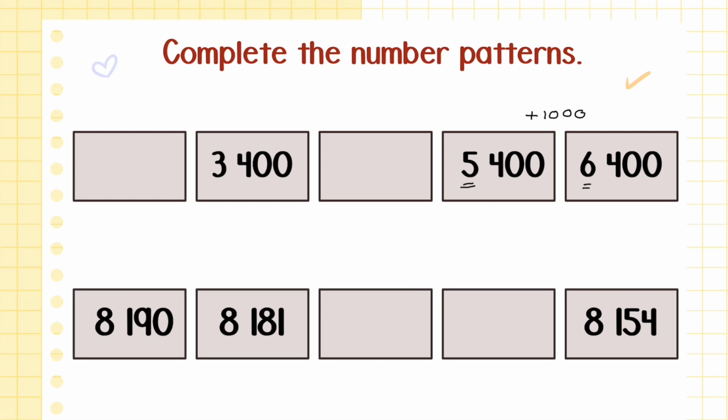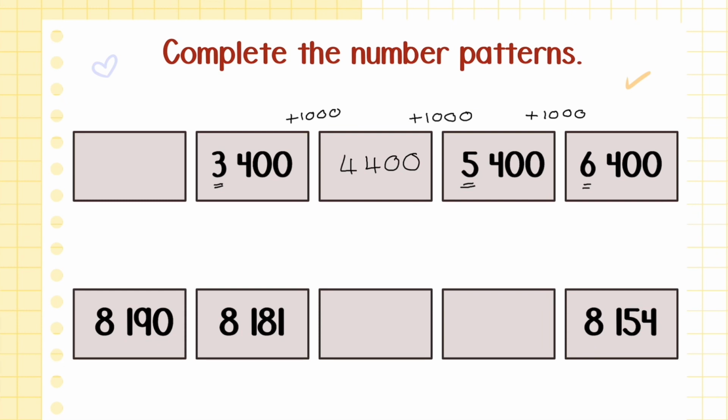So here we have the second number, 3,400. If we plus 1,000, only the thousands place value changes, which is 3,000. If you plus 1,000, it will become 4,400. And then let's try to plus 1,000 again. It will become from 4,000 to 5,000.